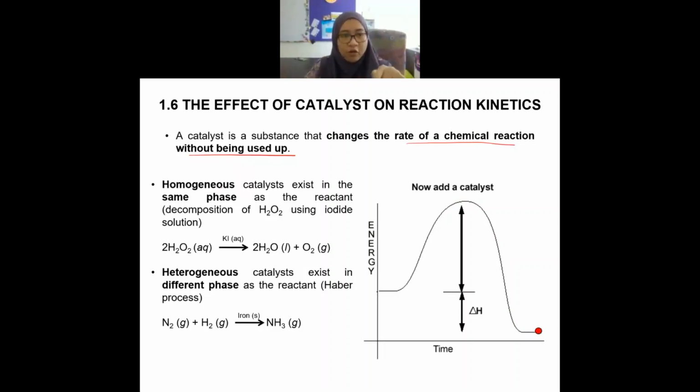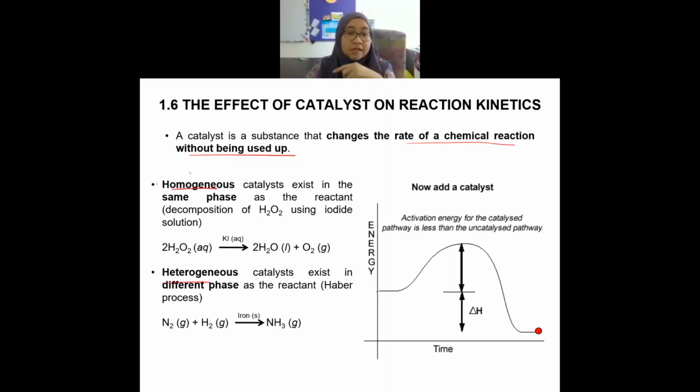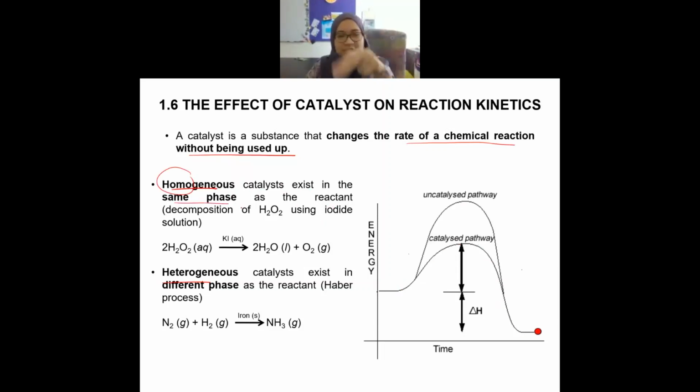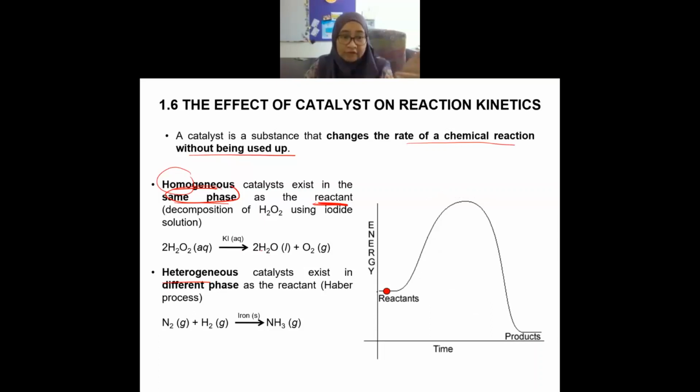So we have two types, homogeneous and heterogeneous. Homogeneous, the word homo here, means the catalyst exists in the same phase as the reactant. The same phase as the reactant, guys, not for all the substances in the reaction. Our concern is more on the reactant. Look at the reaction that we have here, decomposition of H2O2. KI is our catalyst, and KI is in aqueous phase.